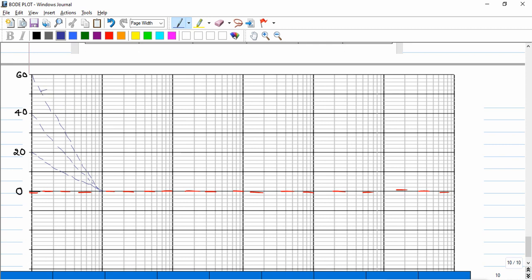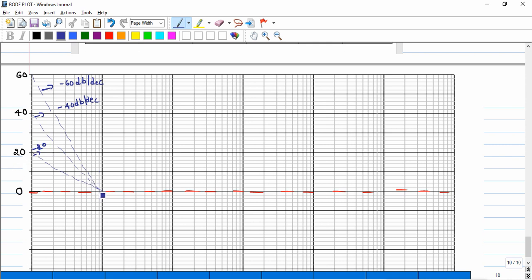particular line will have a slope of minus 60 dB per decade. Followed with this particular line will have a slope of minus 40 dB per decade, and the first one will have a slope of minus 20 dB per decade.